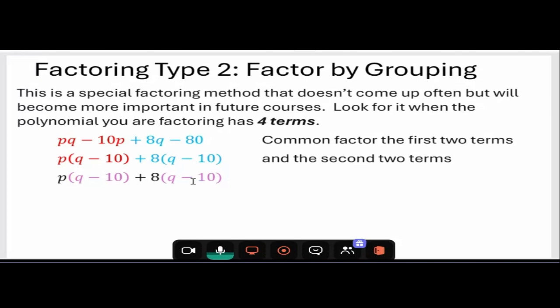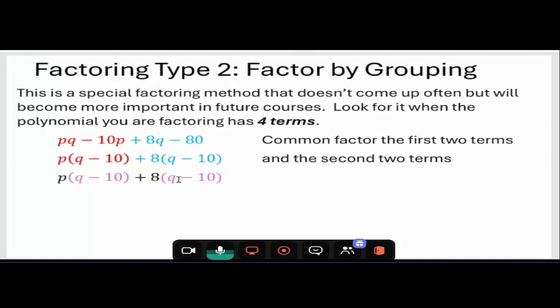Factoring by grouping will not work. In really nasty questions, sometimes you have to rearrange the terms and try again. I don't think they're going to do that to you in this course, but it is something that can happen. So you're looking for getting the exact same thing left behind.